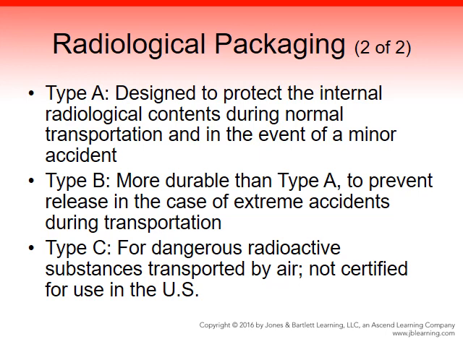Type B is more durable than Type A to prevent the release in the case of extreme accidents during transport. And Type C is for dangerous radioactive substances transported by air. It is not certified for use in the U.S.